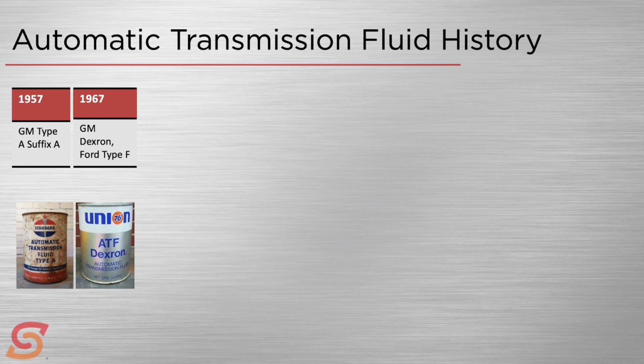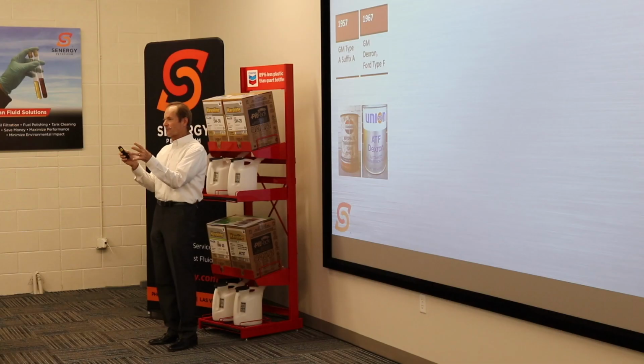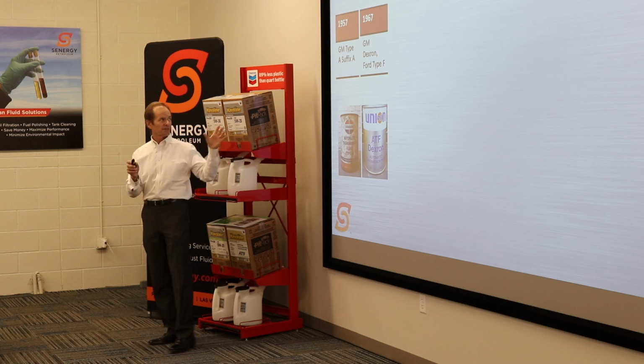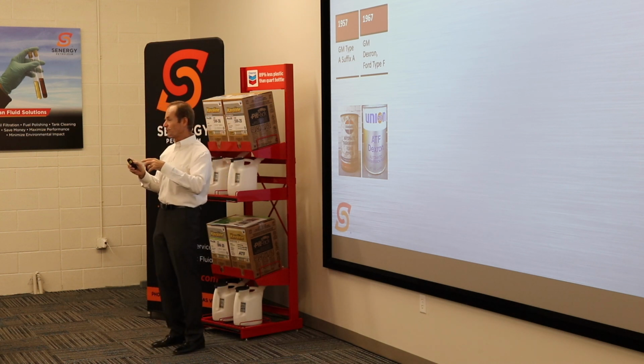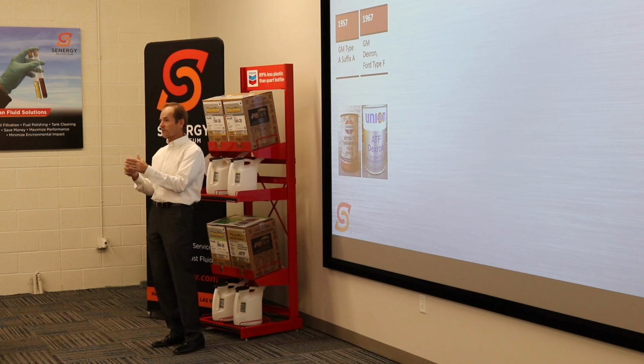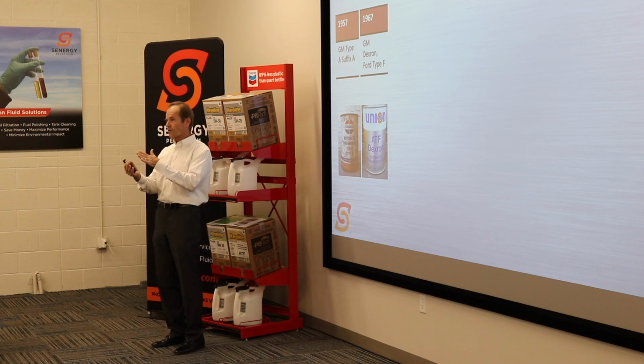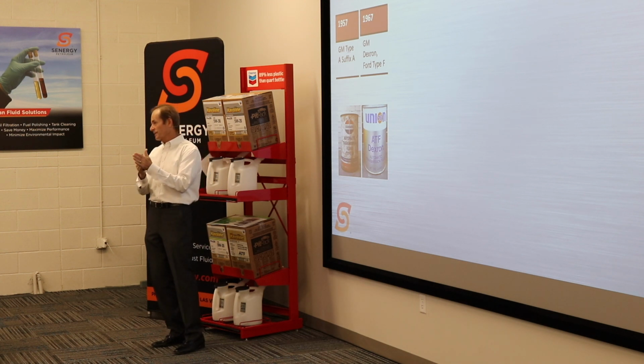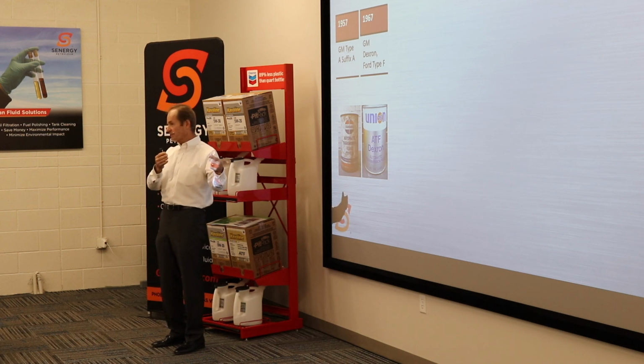About the same time, Ford introduced a product called Type F. These were notably two different products. The GM transmissions, or Hydramatics and all that stuff, the Dexrons, had very smooth shifting. So the transmission fluid had an additive in there for smoothness, for slipperiness, when it would make the shifts, okay?